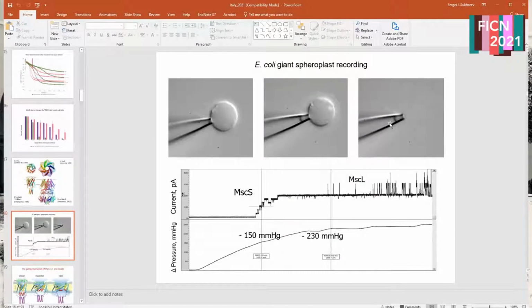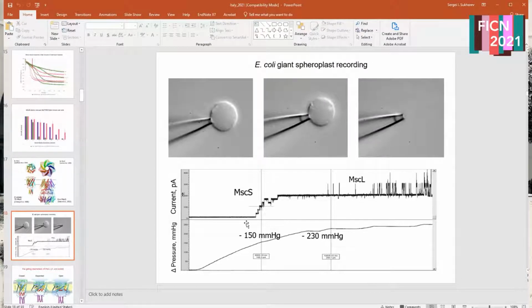So we patch clamp giant spheroplasts, and when we crank up suction or negative pressure in the pipette, we see first the first wave of MscS channels. They saturate, and then if we keep increasing pressure, we'll see MscL starts flickering with about 3 times higher unitary current amplitude, but much faster events.